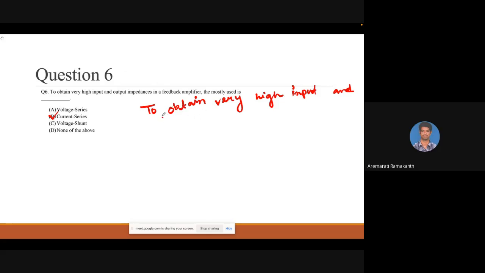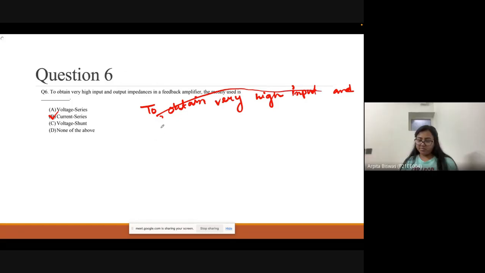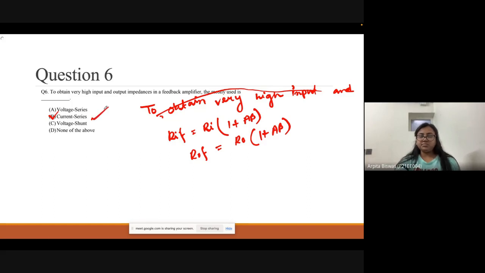So RIF is equal to RI into 1 plus A beta, and ROF is also R0 into 1 plus A beta. That's why the right answer is current series.